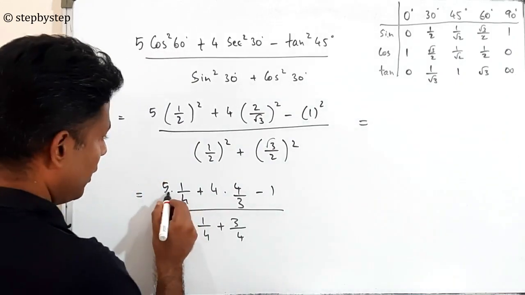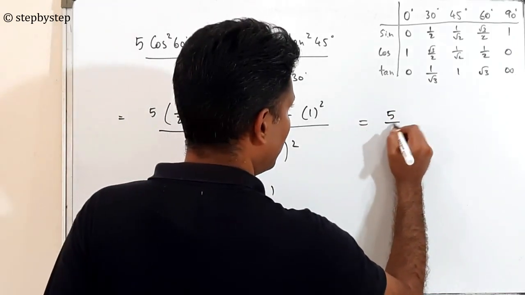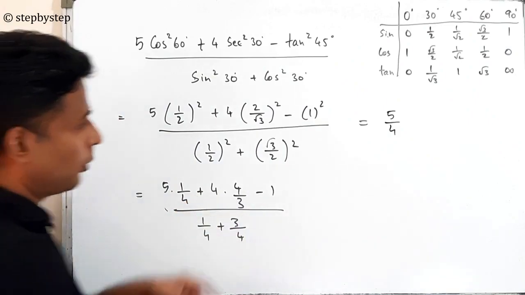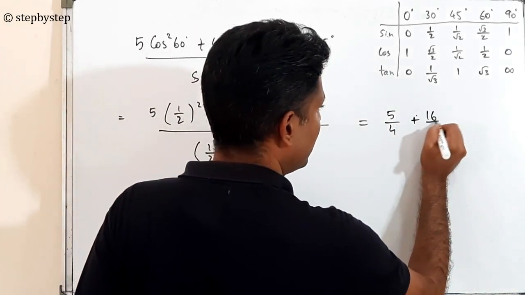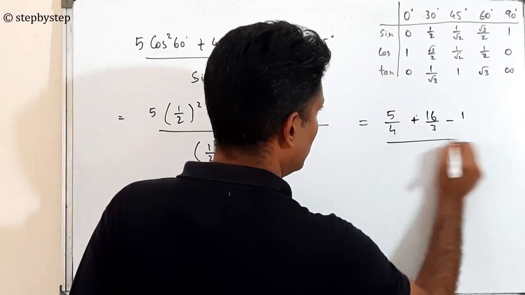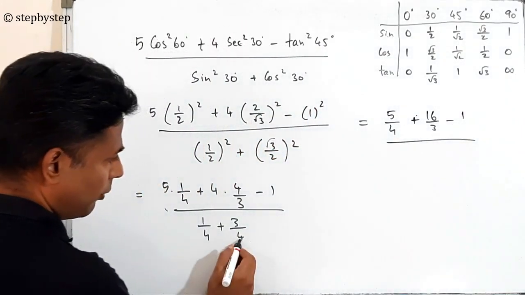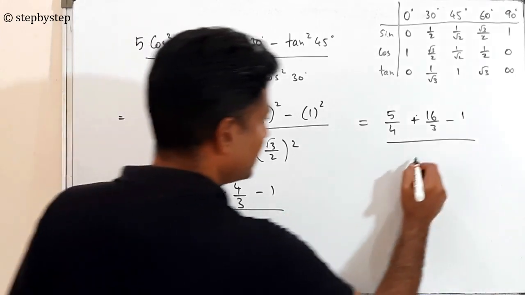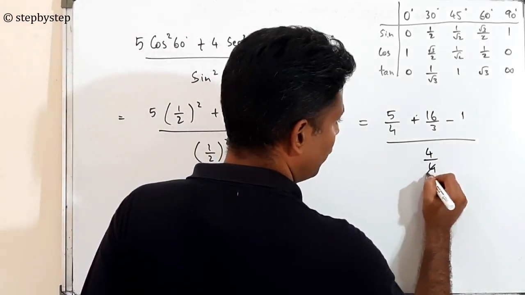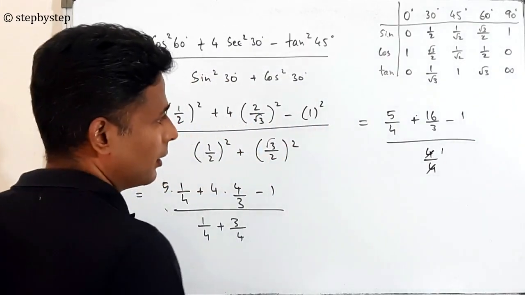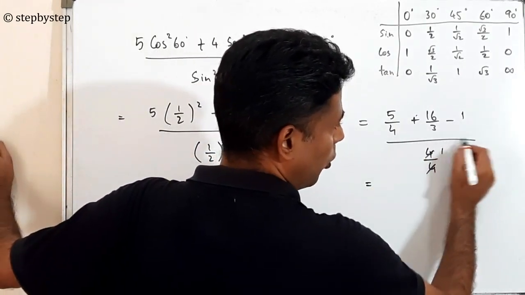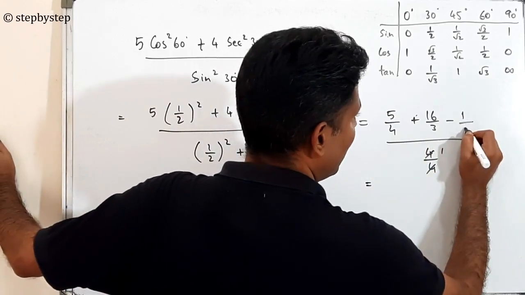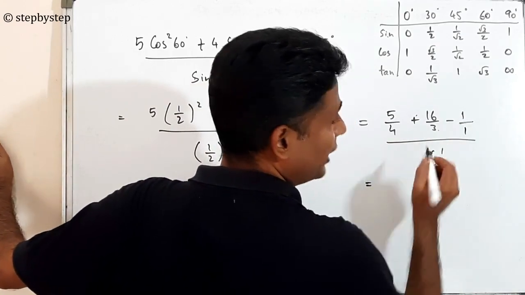From here we get 5 into 1 by 4, 5 by 4 plus 4 into 4 by 3, 16 by 3 minus 1 whole divided by 1 by, here 4 and 4 are the denominators, so LCM is 4, we will get 4 by 4 which is nothing but 1, right? So now this whole divided by 1 is the same thing. Here I have to take LCM. LCM is 4 into 3, 12.